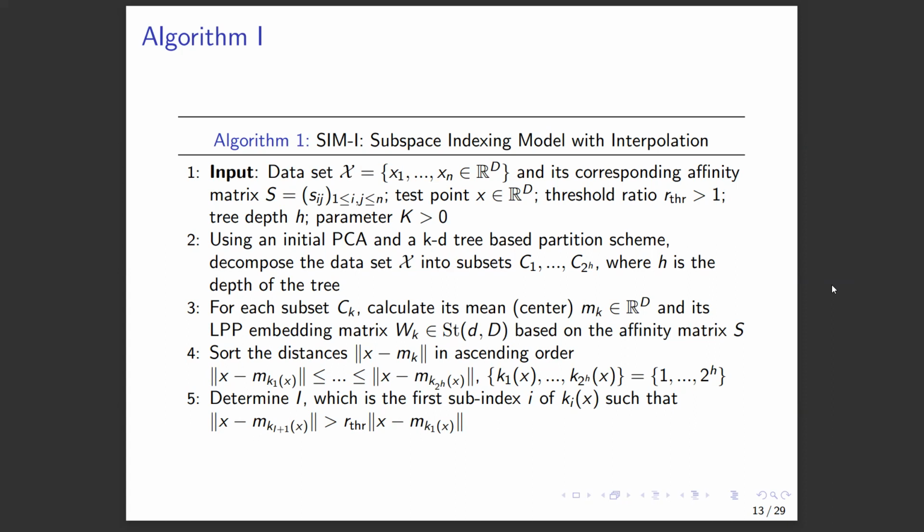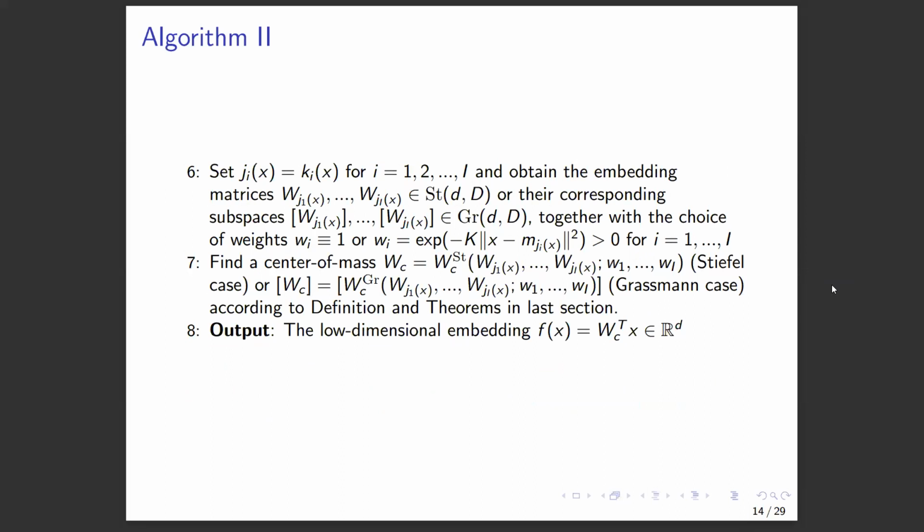Next, we will sort the distances in ascending order, and then we determine the I based on this criterion. And then we will obtain the embedding matrices or their corresponding subspaces. And then we will find the center of mass in the Stiefel case or Grassmann case according to the definitions and theorems we talked about in the previous slides. So our output will be the low-dimensional embedding Fx equals Wc transpose X.